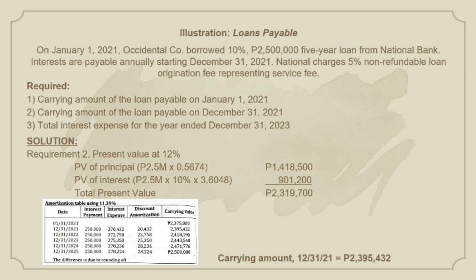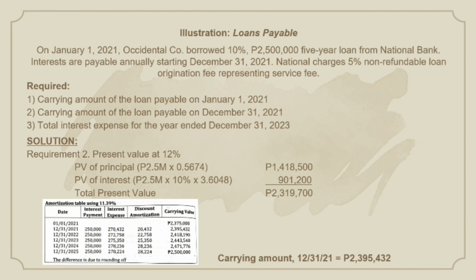We have the present value at 12%. So we have here the present value of principal, the 2,500,000 times the rate of 0.5674. We have 1,418,500 and the present value of interest, 2 million times 10% times 3%.